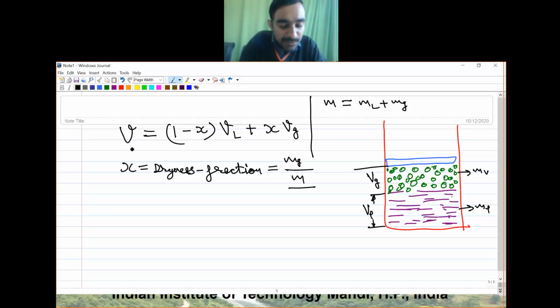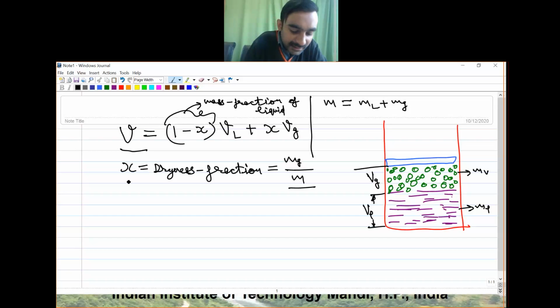In this equation, the 1 minus x term represents the mass fraction of the liquid phase, and x is the mass fraction of the vapor phase.